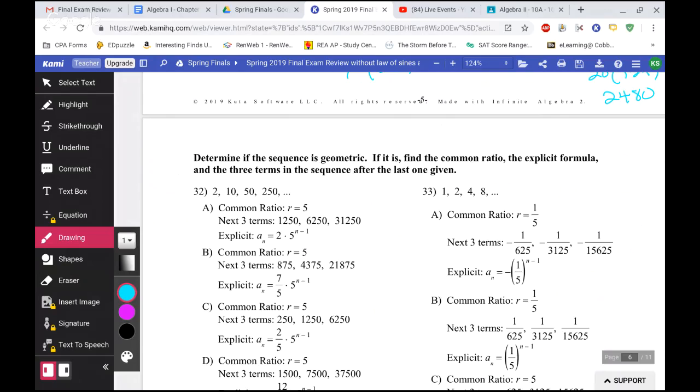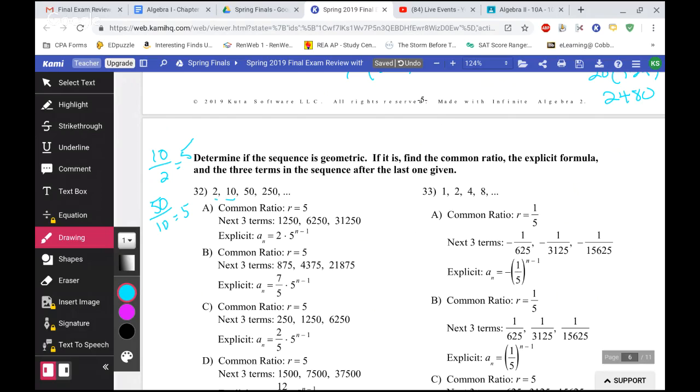But instead of subtracting this time, thinking about ratios means I'm looking at a division problem or a fraction problem. So 10 divided by 2 is 5. That's the second to the first. And then 50 divided by 10 is also 5. So my common ratio is 5.